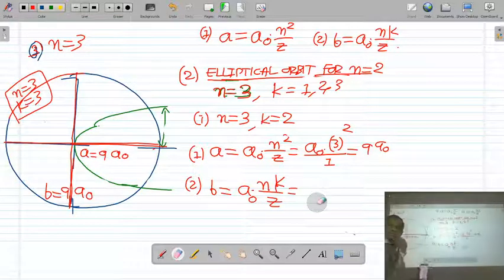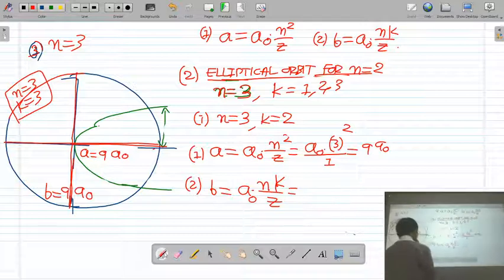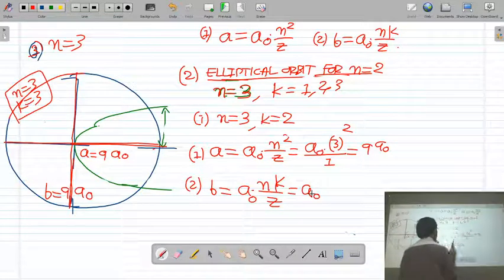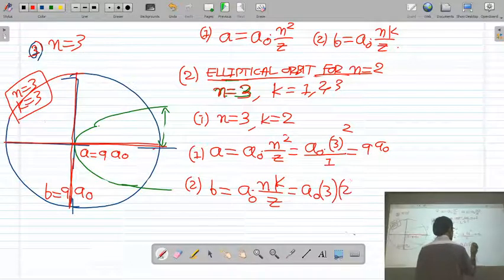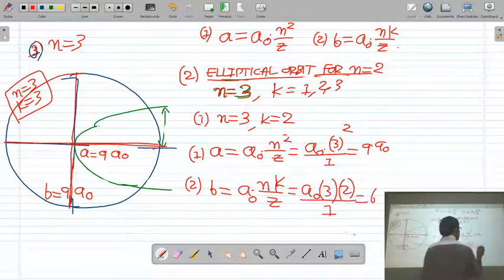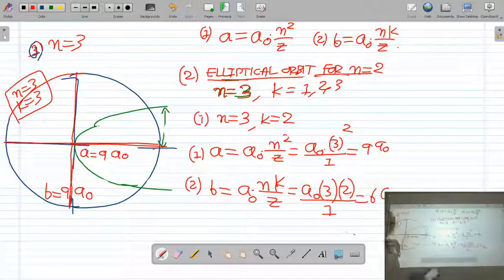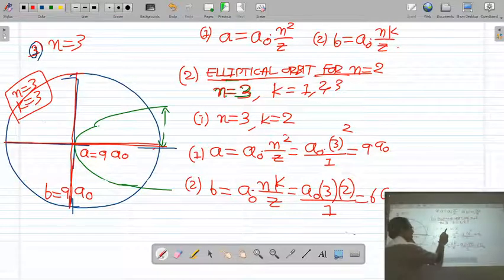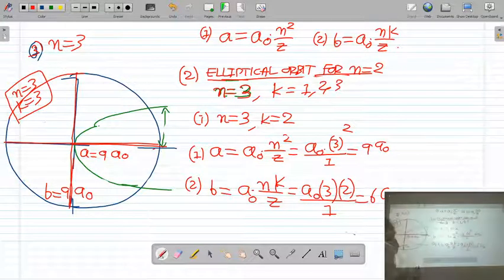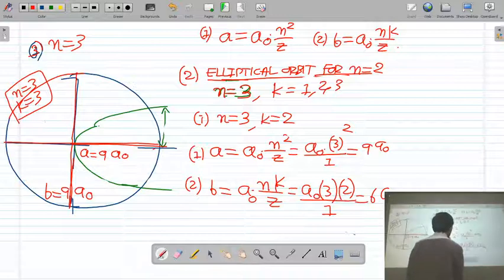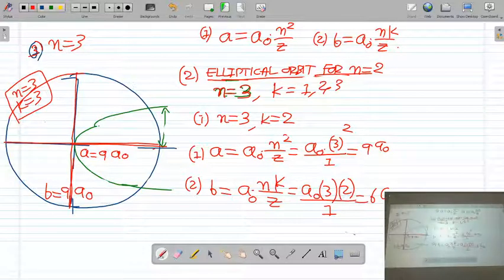So semi-major axis will remain 9a0, but semi-minor axis B will be a0, n is 3, k is 2, z is 1. So it is 6a0. So for n is equal to 3, k is equal to 2, you will get an elliptical orbit. The semi-major axis is 9a0 and semi-minor axis is 6a0. Right? Okay. So you can draw like this.